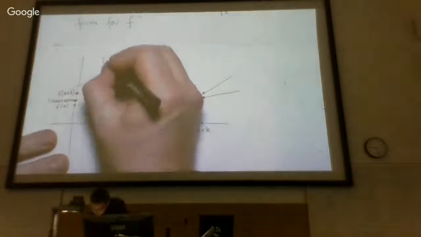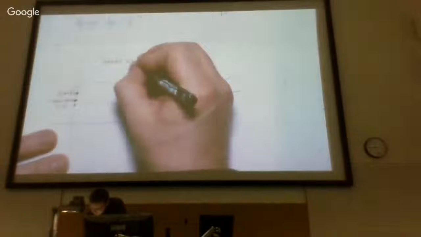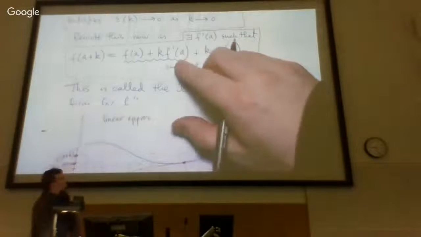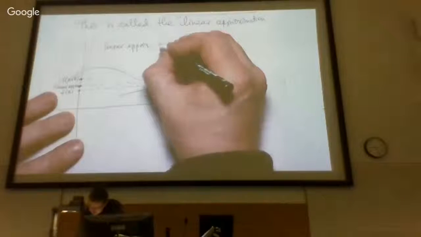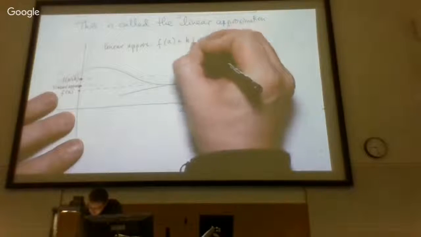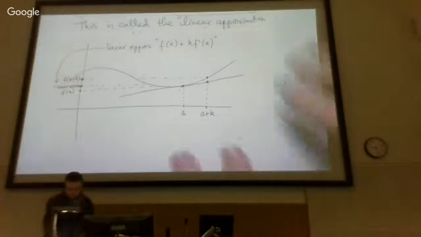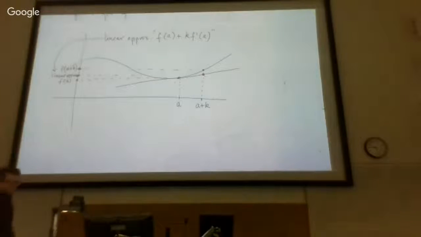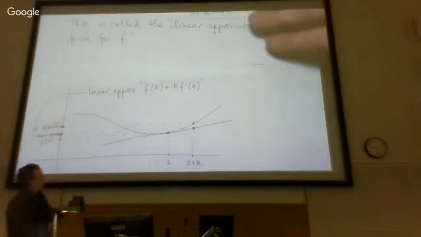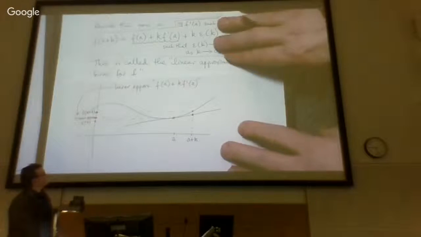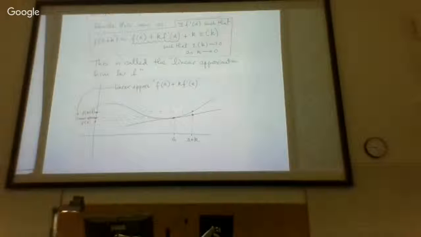So that linear approximation for the function f is these first two terms here from the definition of the derivative, f of a plus k times the derivative f prime of a. This linear approximation for f is the best way to estimate f using a linear function, in other words, a line, close to the point a.